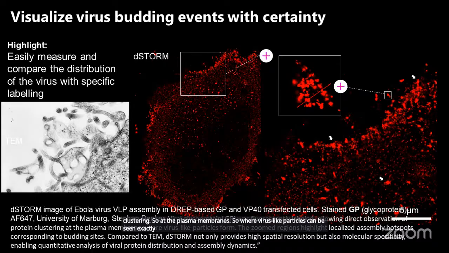So here, the region I've been showing in the zoom region highlights the localization of assembly hotspots and the budding sites, right? So compared to TEM, DSTORM not only provides you high spatial resolution, but also molecular specificity. So labeling, quantification, analysis of viral protein distribution, assembly dynamics can be appreciated using this system as such.